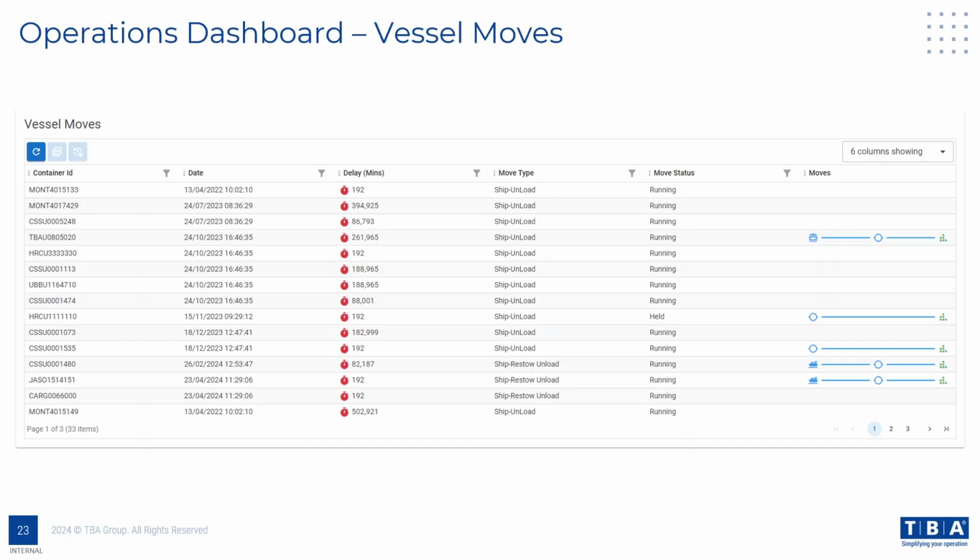So we can show the timeline or the sequence of moves there. Because we've got a move planner, I'll call it, the move steps, we can show the equipment that's going to be involved in the moves that are related to the vessel operation.